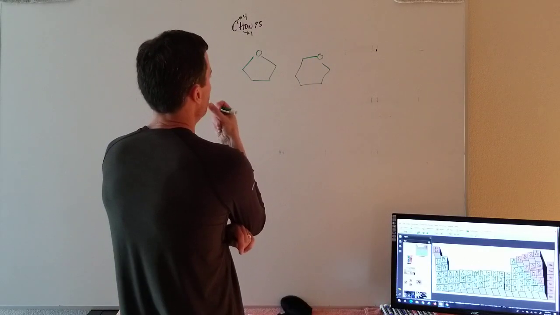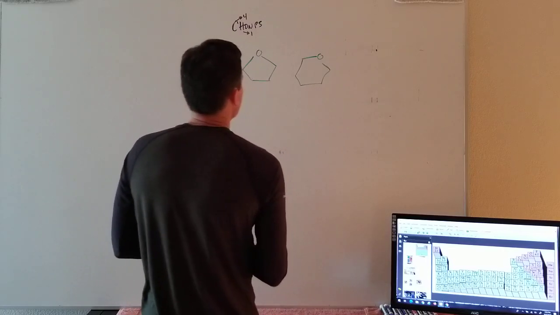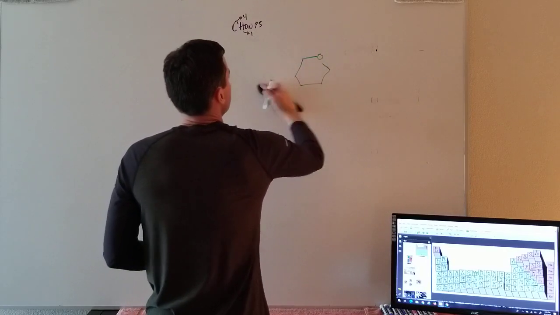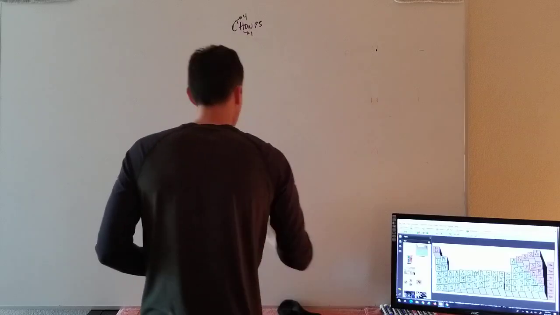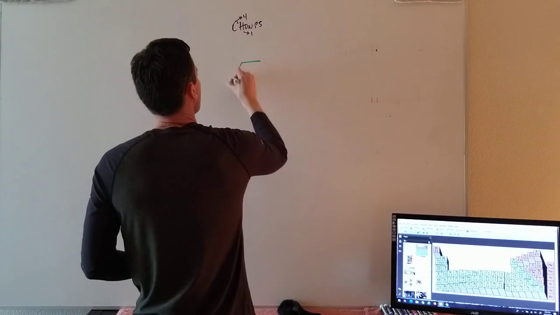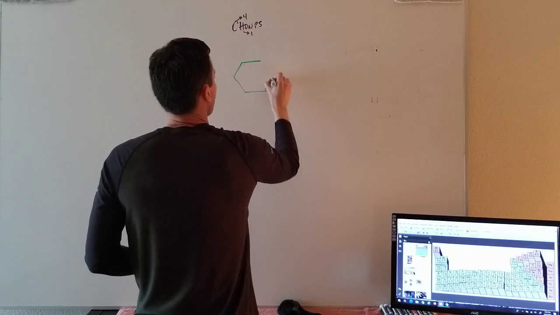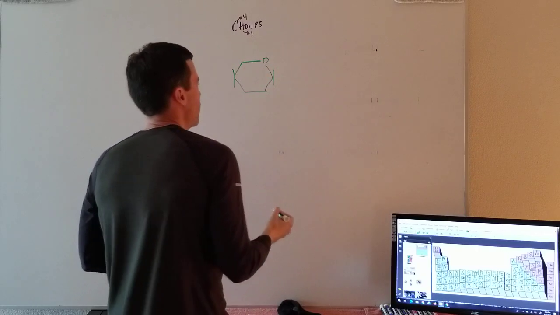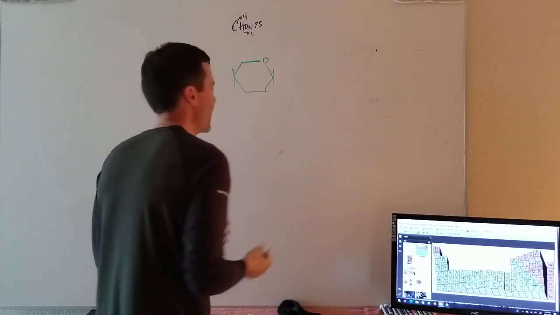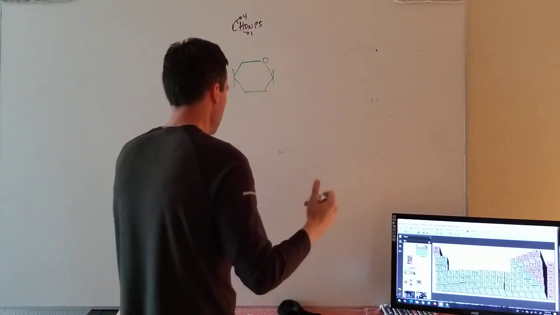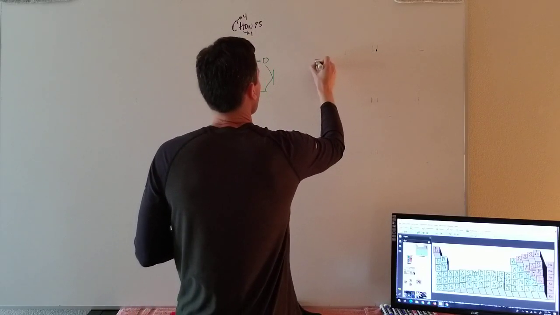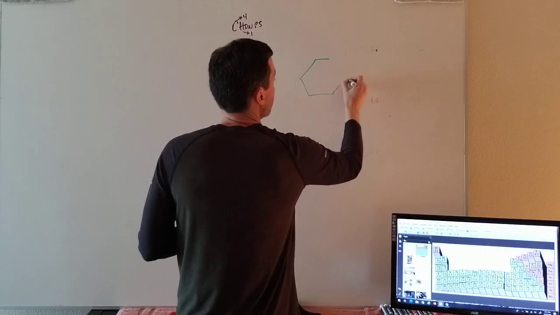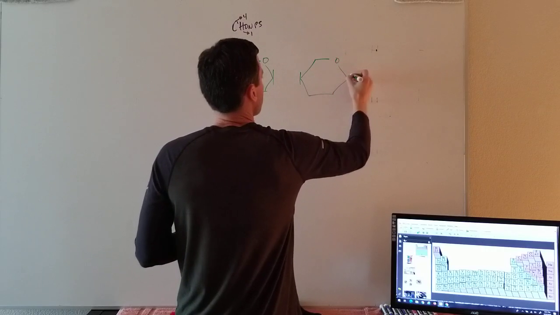Okay, so let's say that I've got glucose. So I'm going to draw a version of glucose. They get into alpha and beta and all that. We aren't worried about that at the moment.